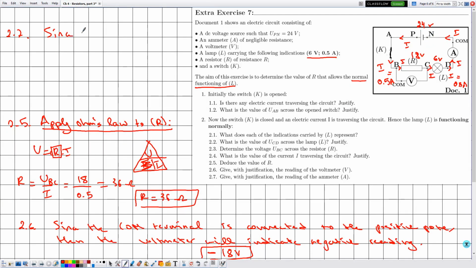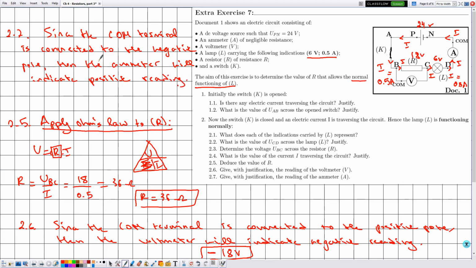Since the COM terminal is connected to the negative pole, the ammeter will indicate a positive reading.